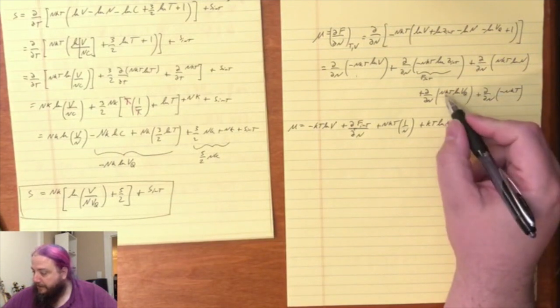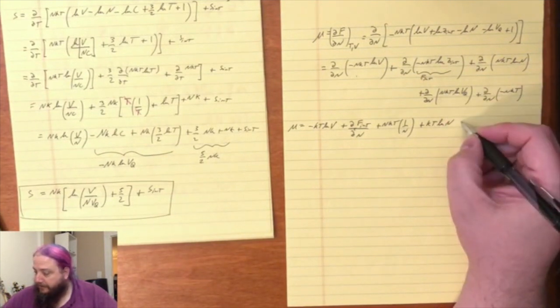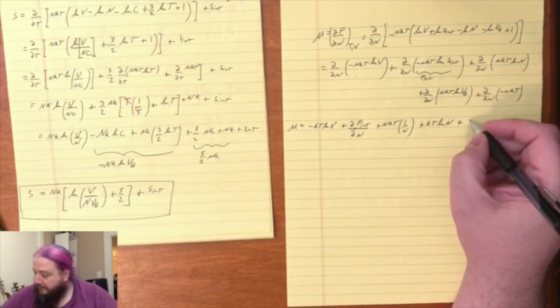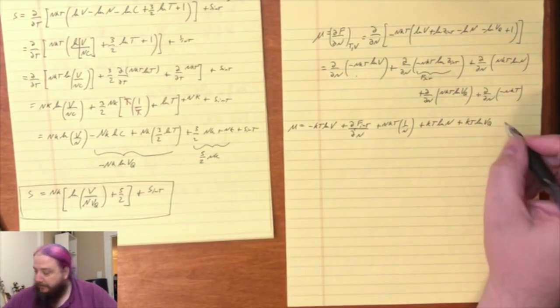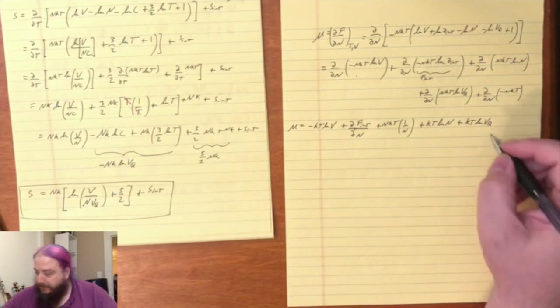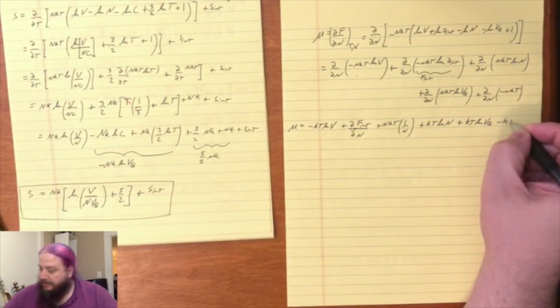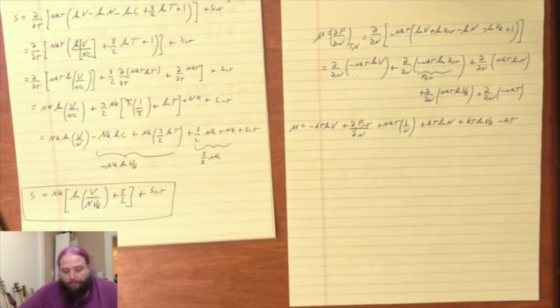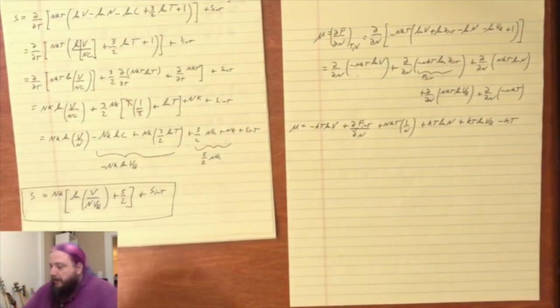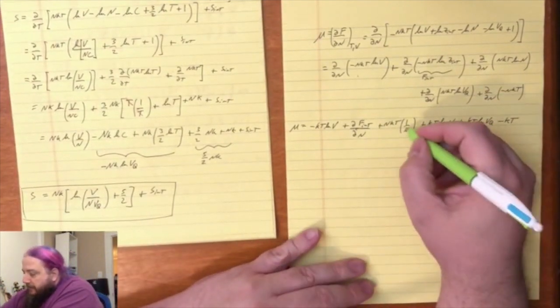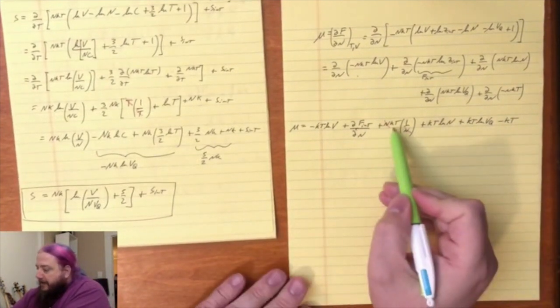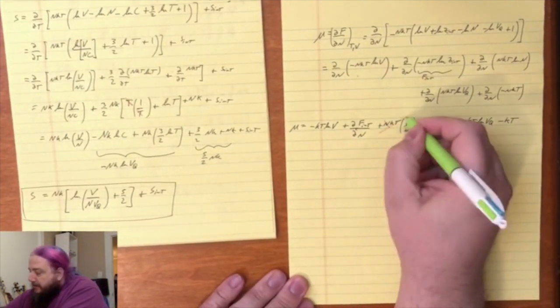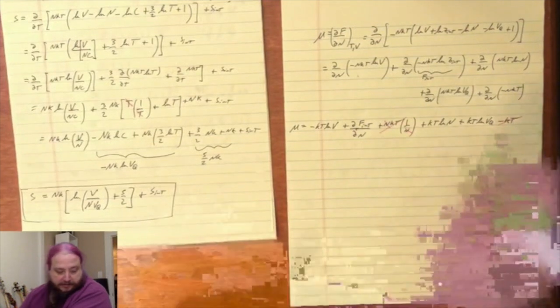This, again, the only n dependence is out there in the front, so this is going to be plus kt log quantum volume, and the only n dependence here is the n there, so minus kt. The n's are going to cancel there, and that's going to give us a plus kt and a minus kt, and those are going to cancel.